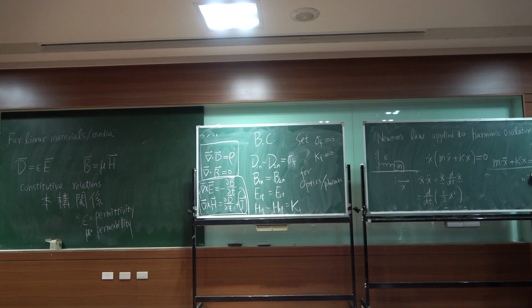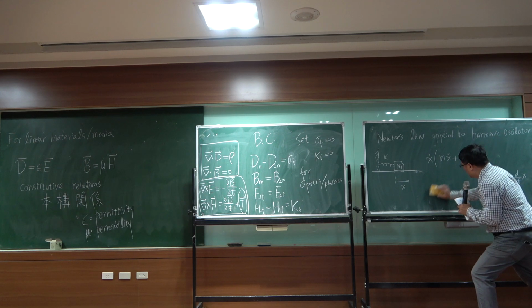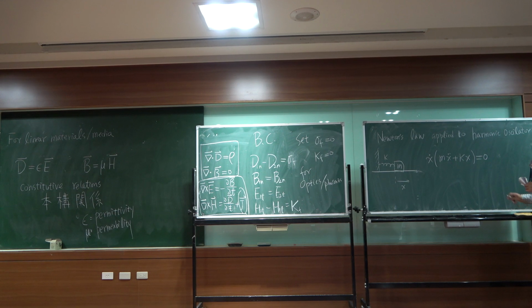Now, x dot times x is similar to this, but this time we have this. So this is equal to d/dt of 1/2 x squared. So with this multiplication combined with the knowledge of calculus, we now can obtain this.